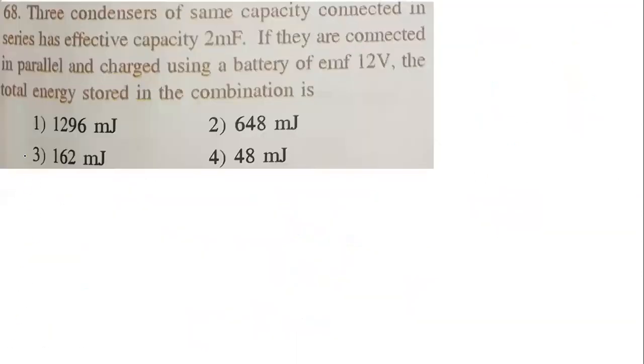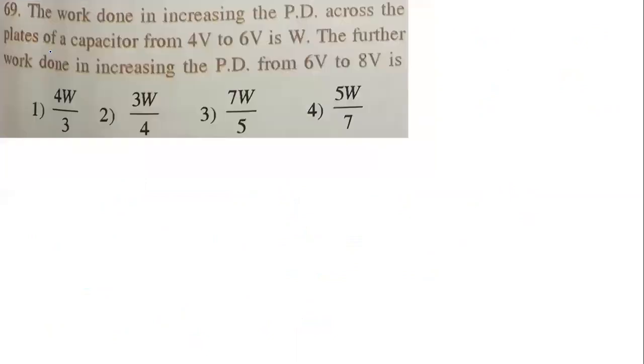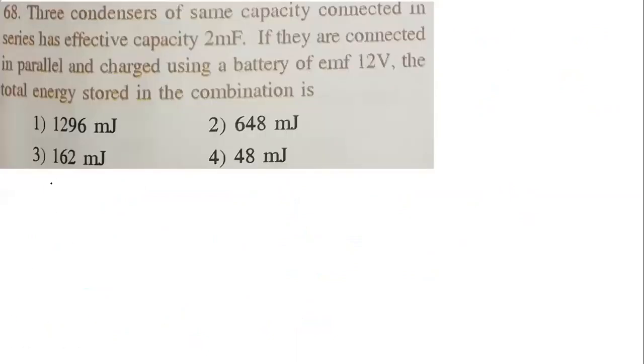Question number 68. 3 condensers of same capacity connected in series combination. Connected in what combination? Series combination. Effective capacity is how much? When they're connected in series combination, it is 2 millifarad.